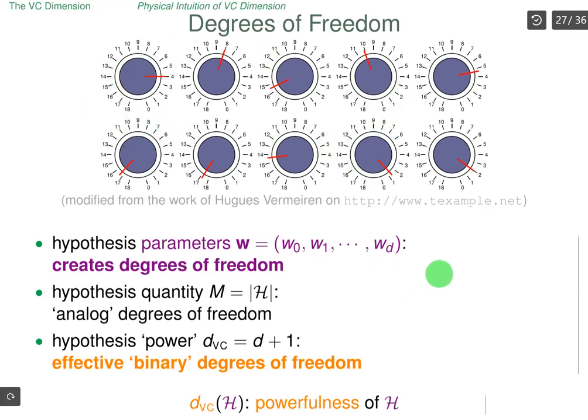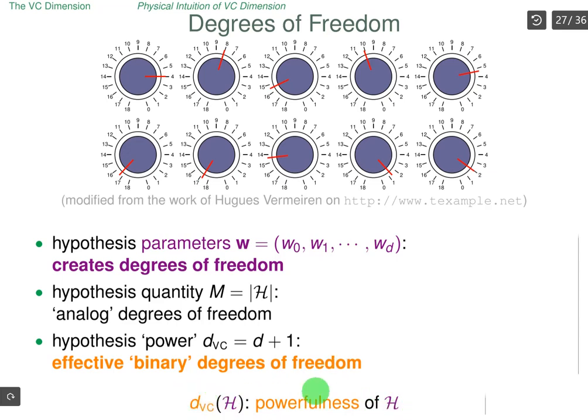But generally, the VC dimension of a hypothesis set represents the powerfulness of H. So the higher the VC dimension, the more powerful your hypothesis class. That is one of the main characteristics of VC dimension.